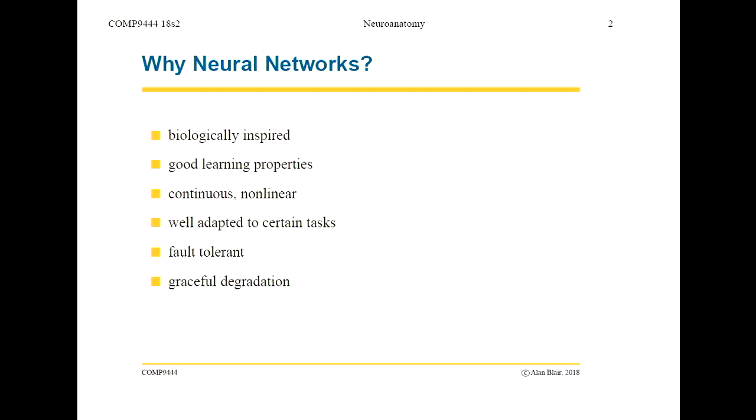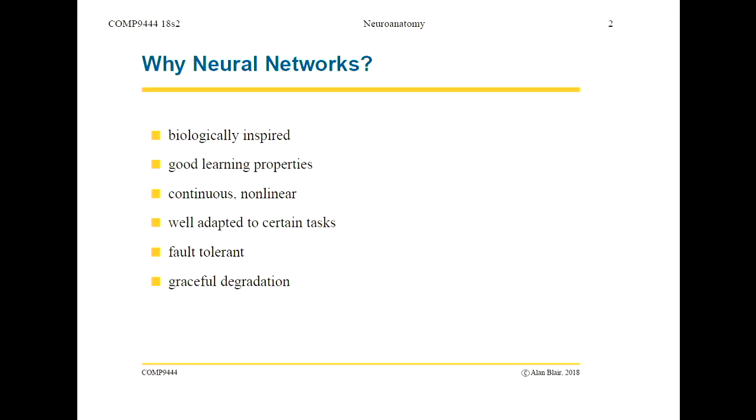And fault tolerance and graceful degradation, maybe this is a historical motivation or to do with hardware. Let's say you have a neural network that's built in hardware, and then some of the connections break.